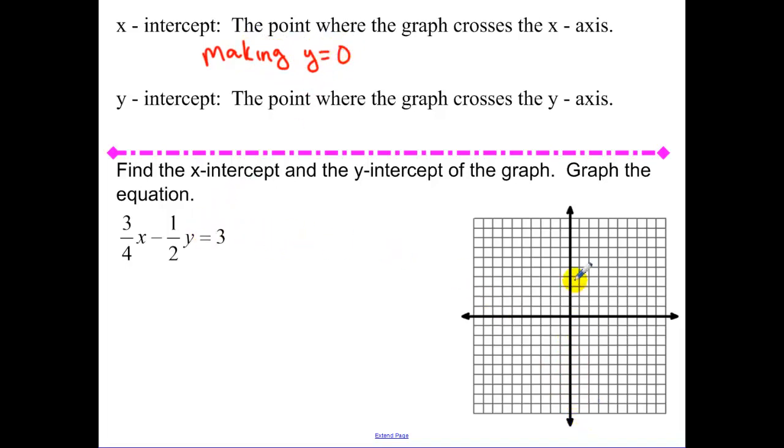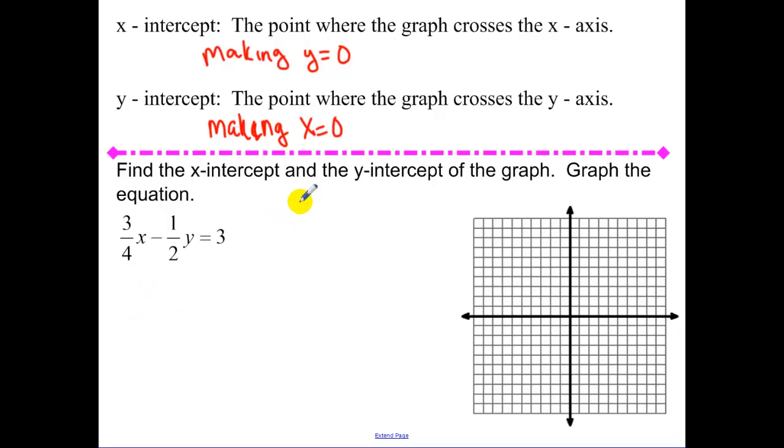Our y-intercept, any point on the y-axis, think about what the x-coordinate is. The x-coordinate is 0. So we find the y-intercept by making x equal to 0.